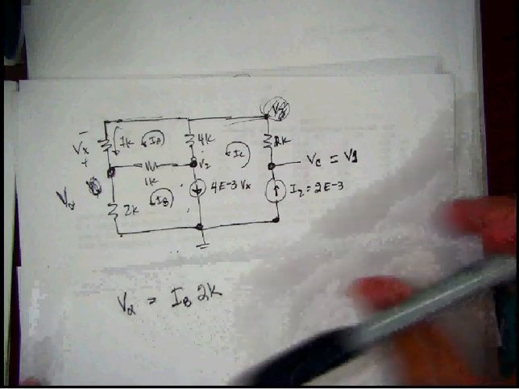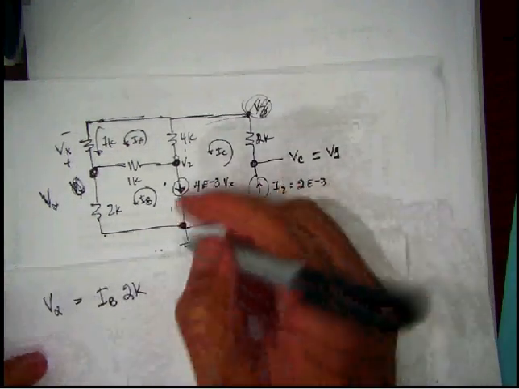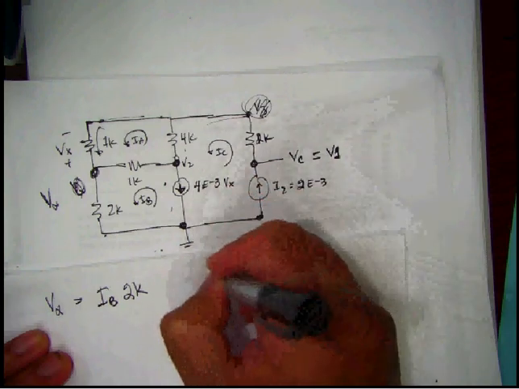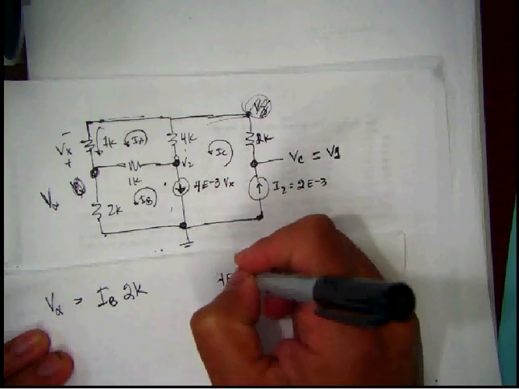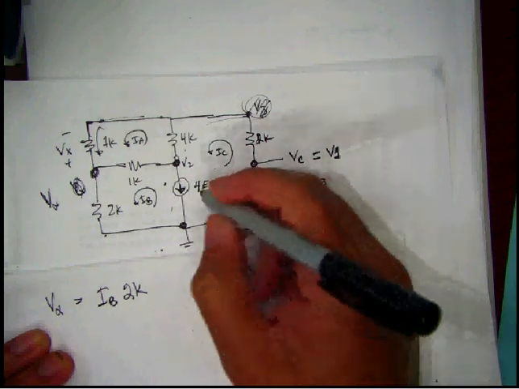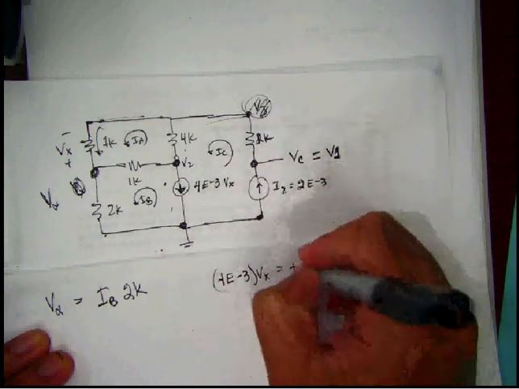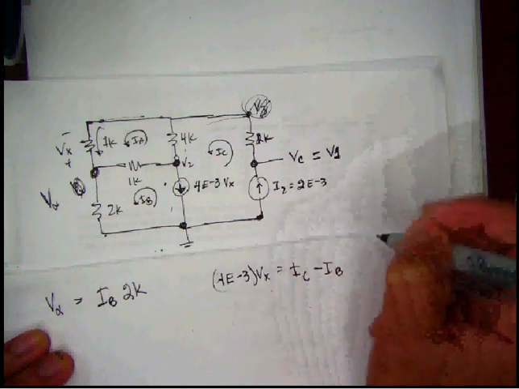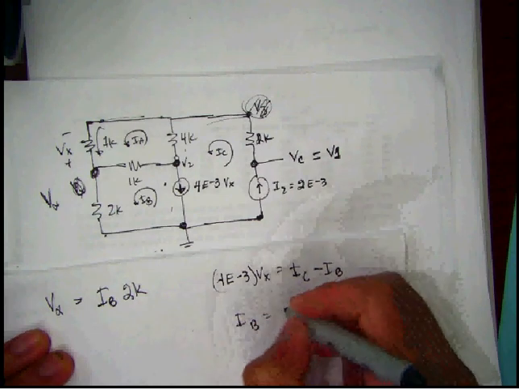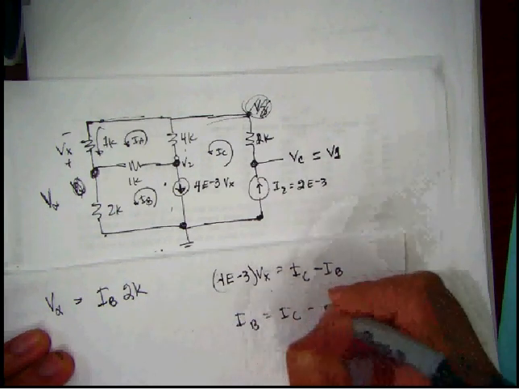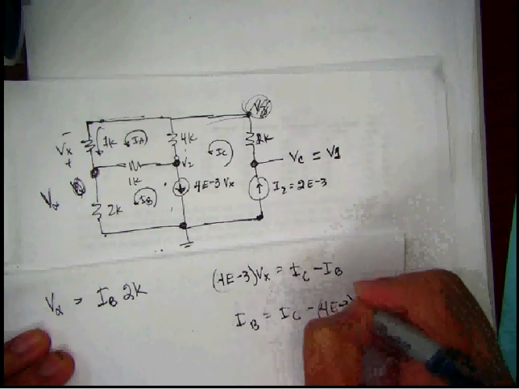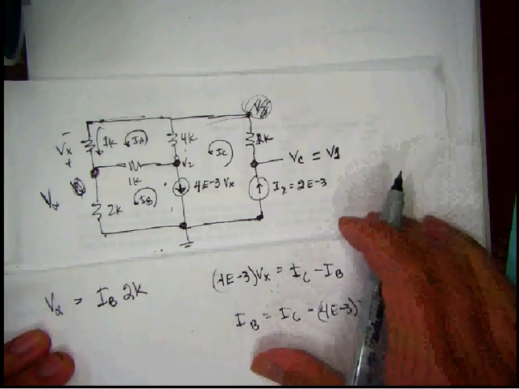We had decided by looking at this diagram that 4e minus 3 Vx had to equal IC minus IB. We solved for IB and said IB is equal to IC minus 4e minus 3 Vx.